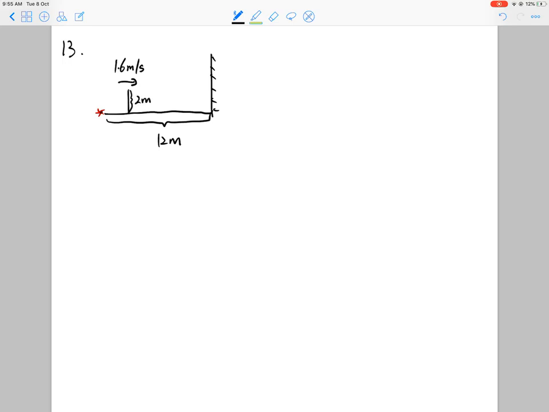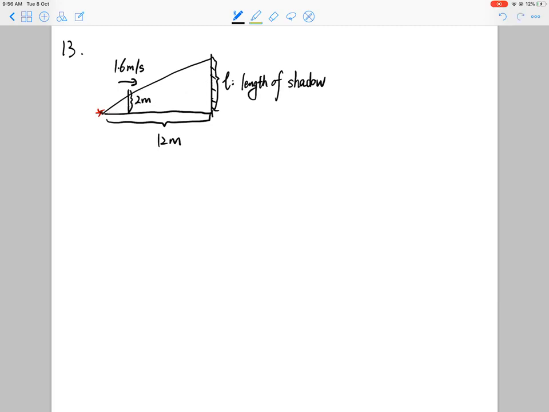How fast is the length of his shadow on the building decreasing? So we can imagine this is the length of the shadow. Let's call it L. As you can imagine, if this guy moves here, then the length of the shadow will decrease, right?